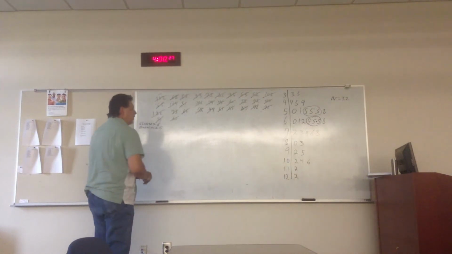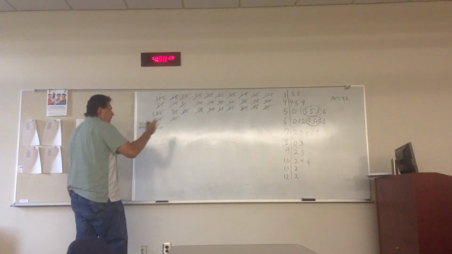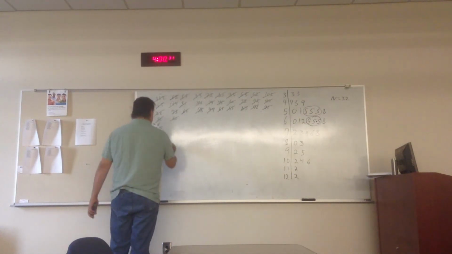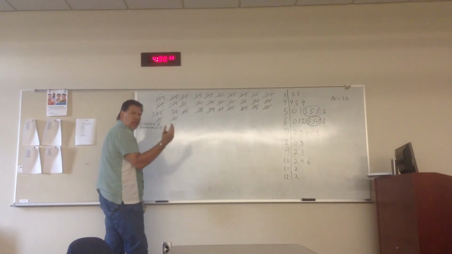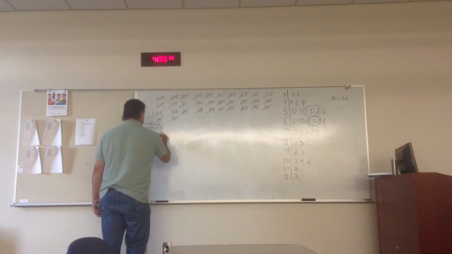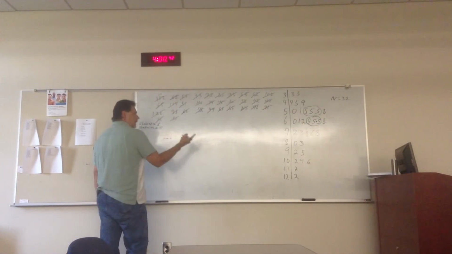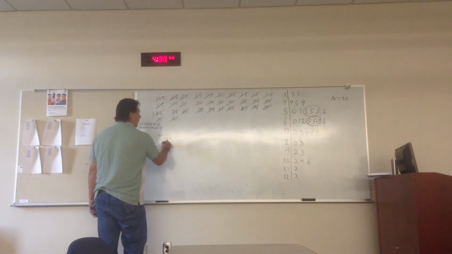Well, I know that my first value is my low value. So I'm going to have what's called a lower class limit. I'm going to start with 33.